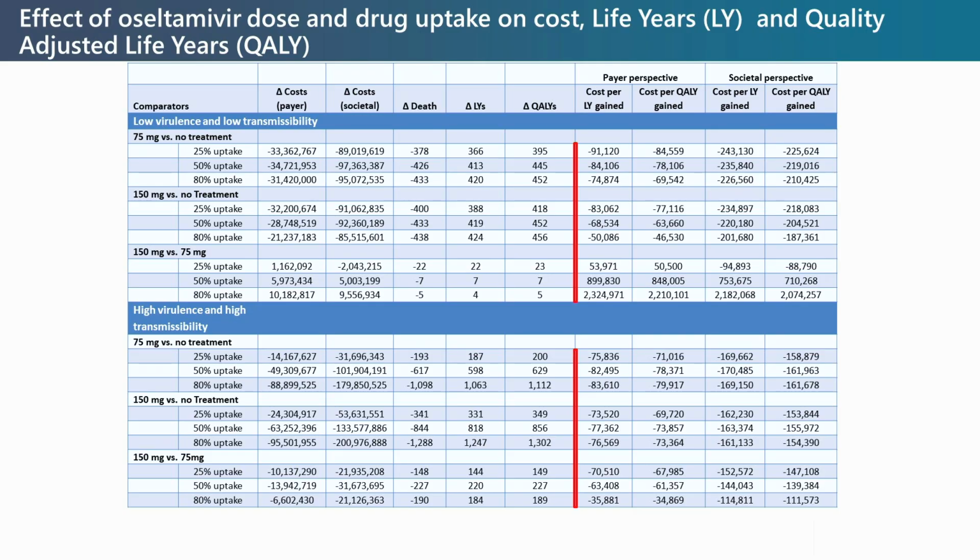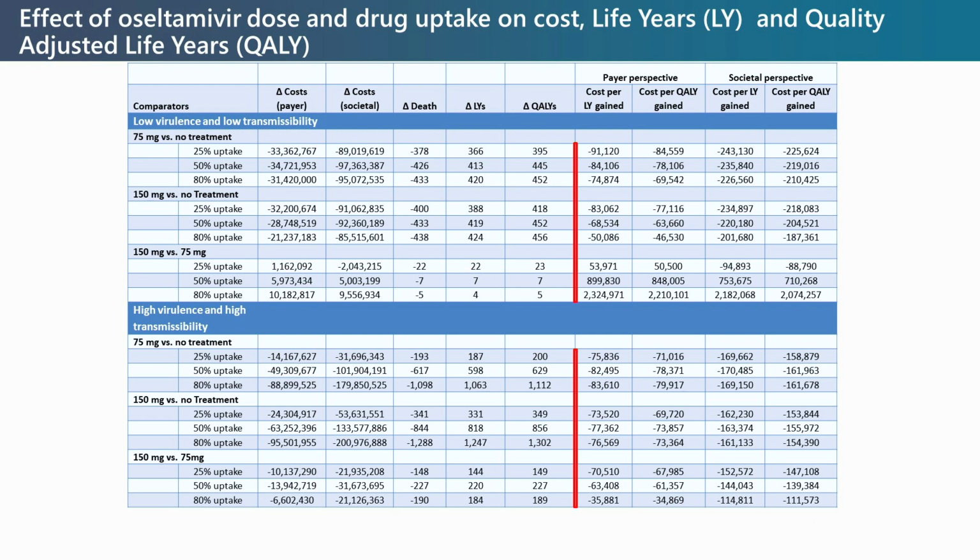Now, shown here is the oseltamivir dose and drug uptake on cost, life years, and quality adjusted life years data. In terms of two categories, there's a low virulence and low transmissibility, as well as a high virulence and high transmissibility.